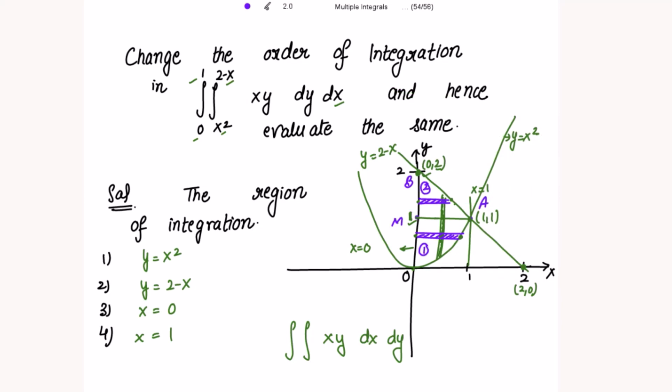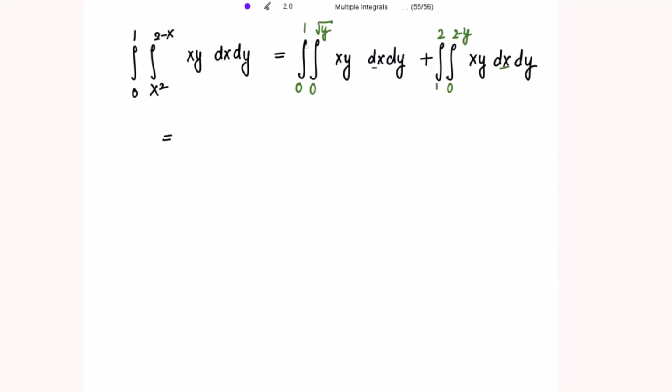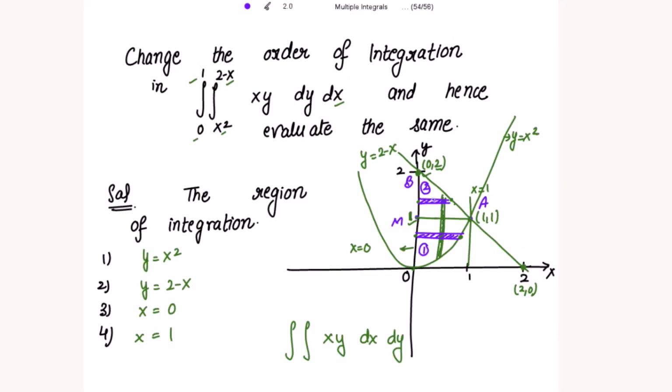So for region 1, I have explained the limits. For region 2, this horizontal purple colored strip means x is varying and the limit starts from here, x is 0, and it touches the line y equal to 2 minus x. For y equal to 2 minus x, I get the value of x as 2 minus y. So the limits of x are from 0 to 2 minus y.